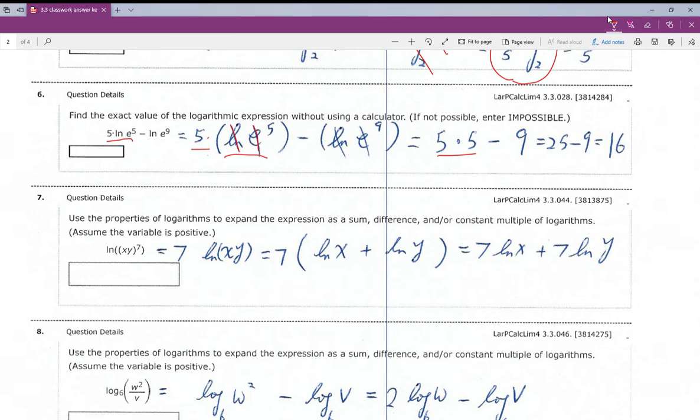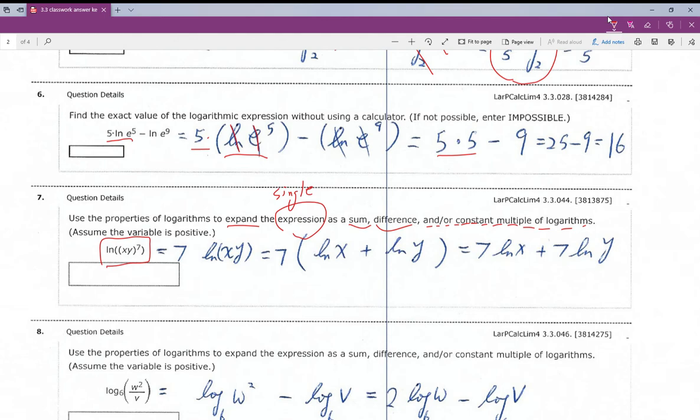One type is you have a single expression, and you want to expand the single expression to become either a sum or difference or a lot of things together.